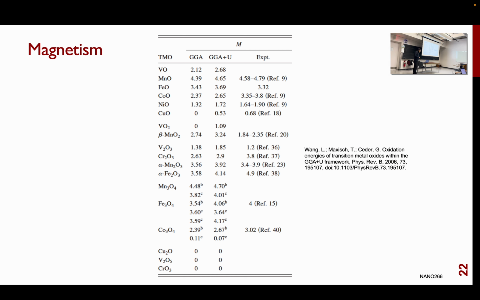Now, from your DFT calculations, you can also do things like determine the magnetism of your structures. If you look at this table that is obtained from this paper by Lei Wang, you can see that basically, in general, the predicted magnetic moments on all your transition metals are actually in fairly good agreement with the experimentally measured magnetic moments for each of your transition metals, okay?